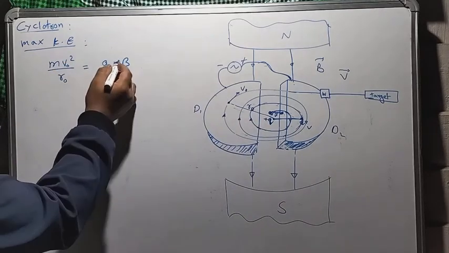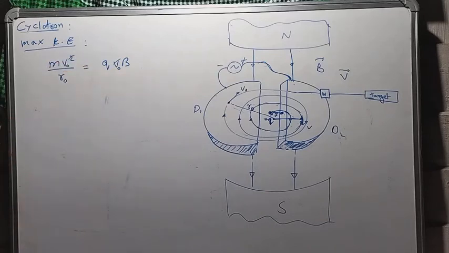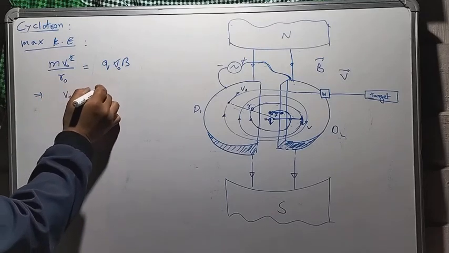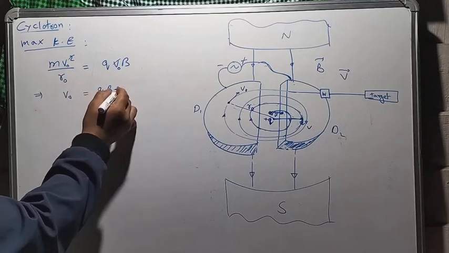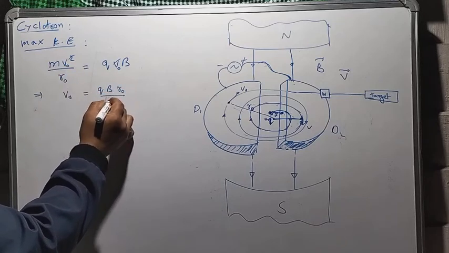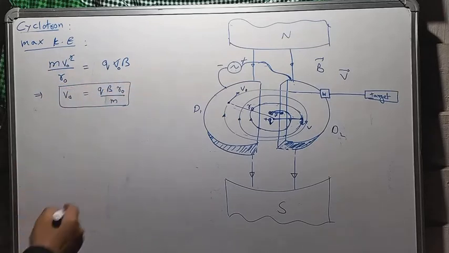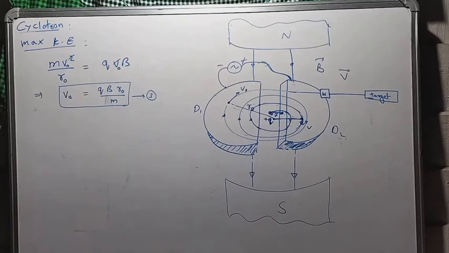So this with this cancels. So from here, we will find v0 is equal to qB r0 upon m. So this is the maximum velocity which will be acquired by the positive ion in a cyclotron.